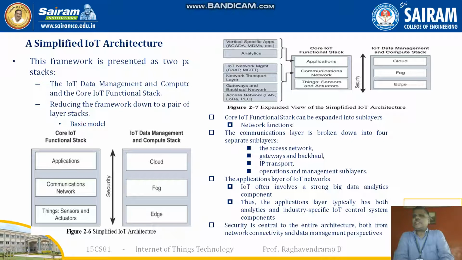The network transport layer is there. Next are gateways and backhaul networks, and the access network, that is PAN and PLCs. There are so many applications. Let us see these things in the next step.